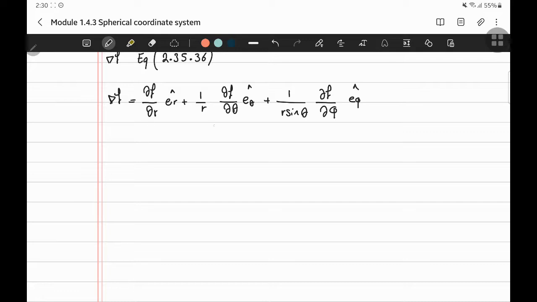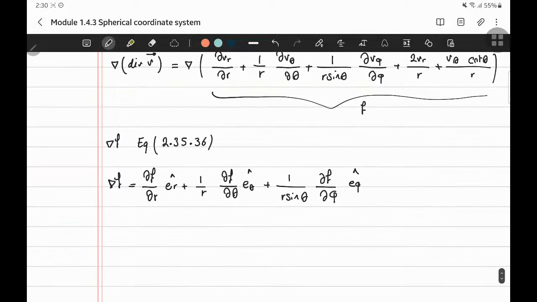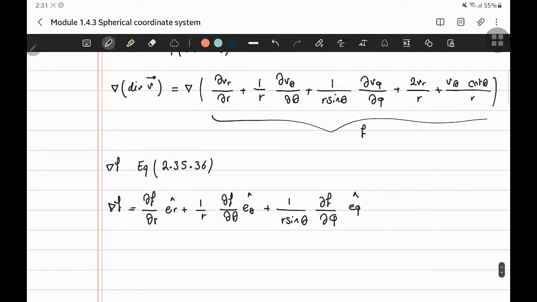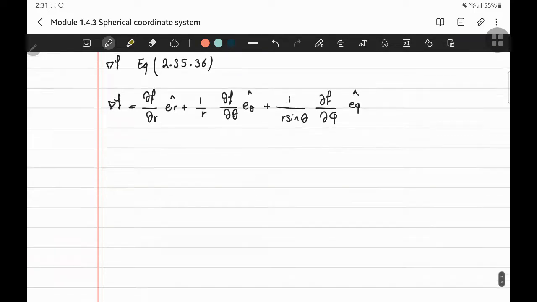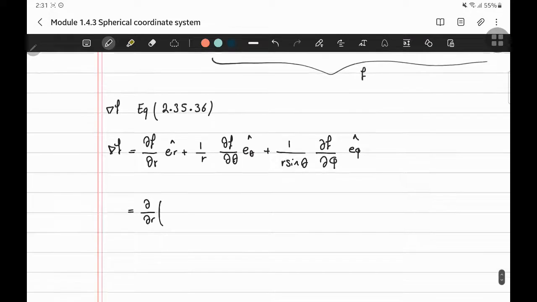As you see here, we have a vector field. Now instead of just putting f in here, we have to put this whole nasty equation here. So this is equal to the partial derivative of f, which is here.